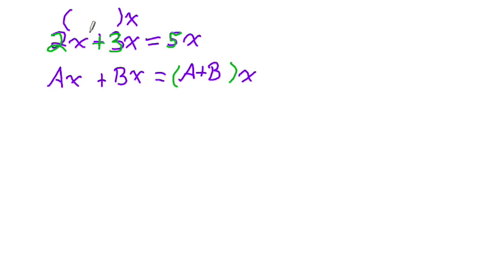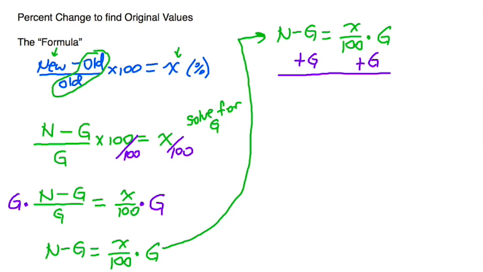Left behind then would be 2 plus 3, which of course equals 5, and then you get the x next to it. So if I use that kind of trick, what we're going to have over here when I write this down is that n is equal to G plus x over 100 G. And these are like terms because they both have this G.